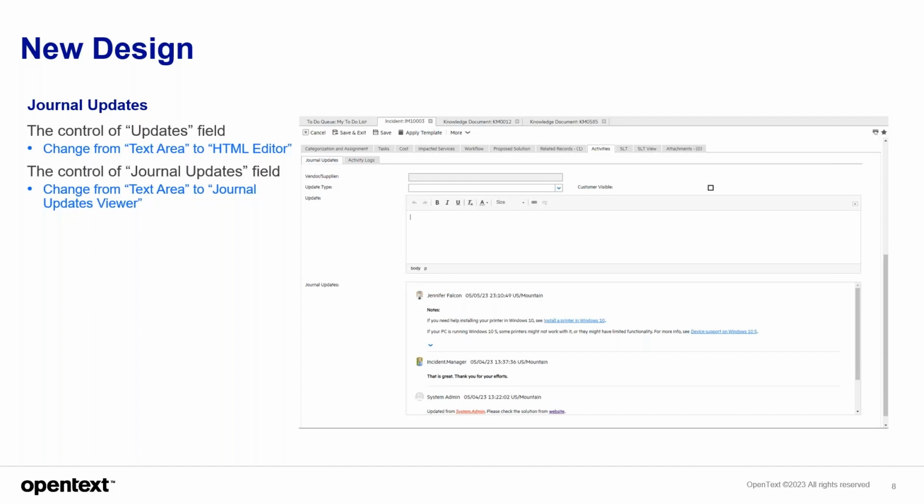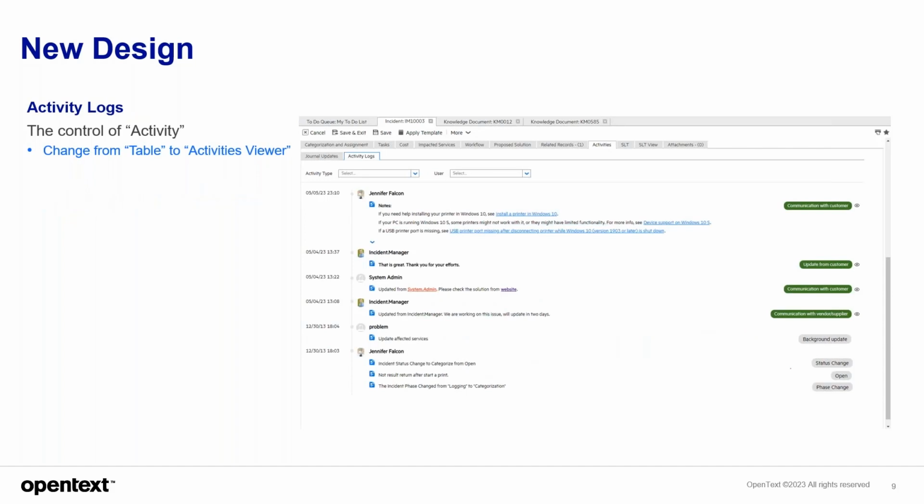Take an incident form as an example. We can redesign the form which contains the updates, general updates, and activities. Change the control of updates from text area to HTML. Change the control of general updates from text area to general updates viewer, and the control of activities from table to activity viewer.